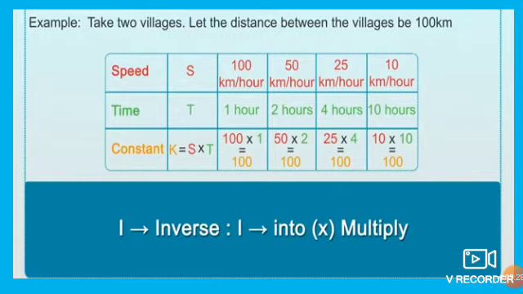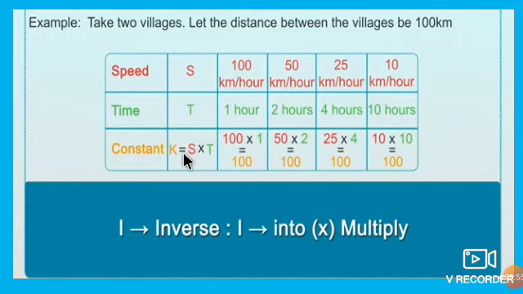But in inverse proportion, as one quantity increases, the other quantity decreases, and if the first quantity decreases, the second quantity increases. This is the difference between direct proportion and inverse proportion.